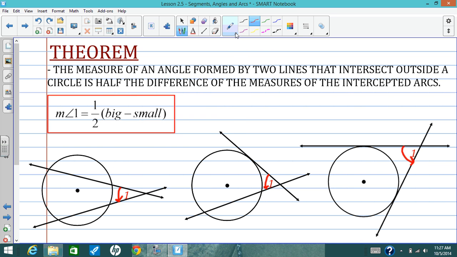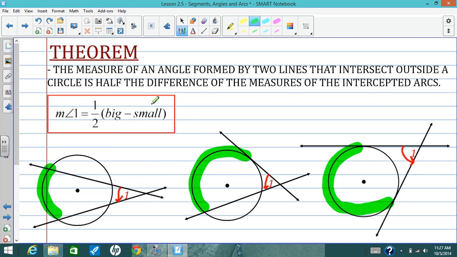They also form two types of arcs, a big arc and a small arc. So in green, in each of these, I'll show you the big arc. And it's formed in between the two lines.